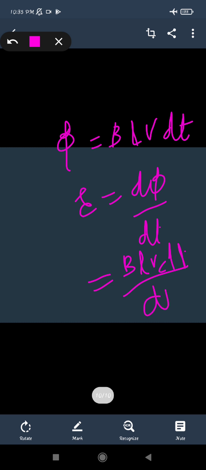The EMF is given as d phi by dt. So it will be B L v dt upon dt. So this dt and dt will be cancelled. So what was the value? B L v. So we can say this EMF is B L v, right?